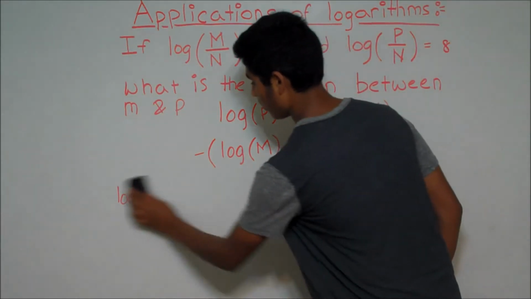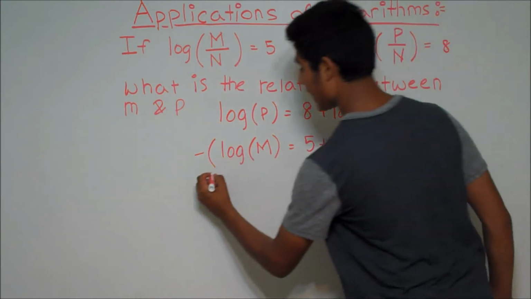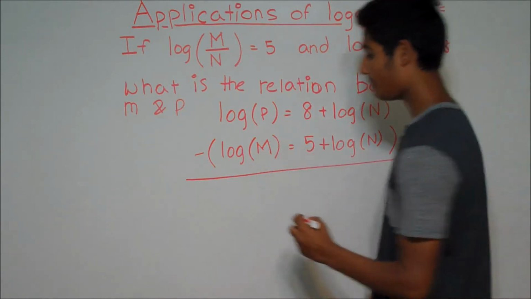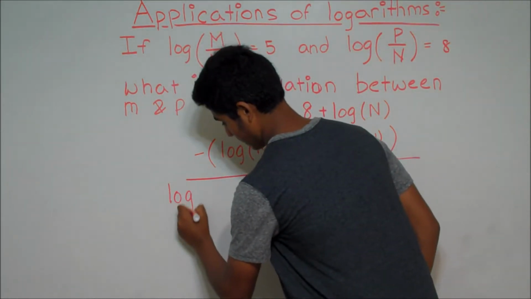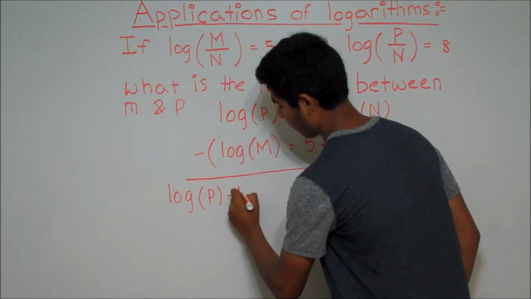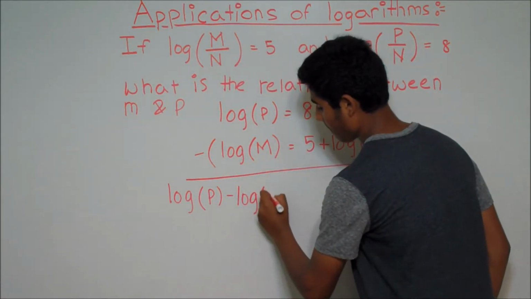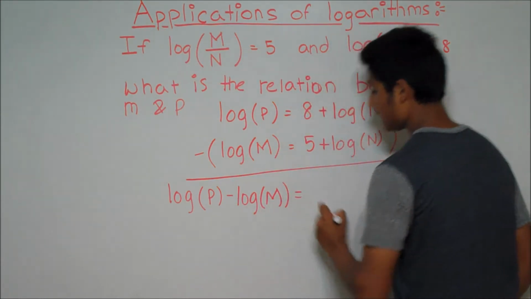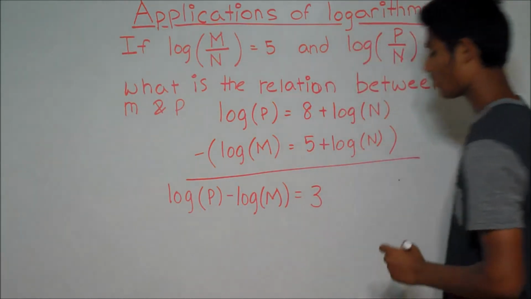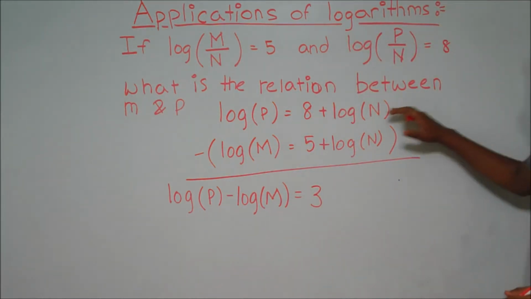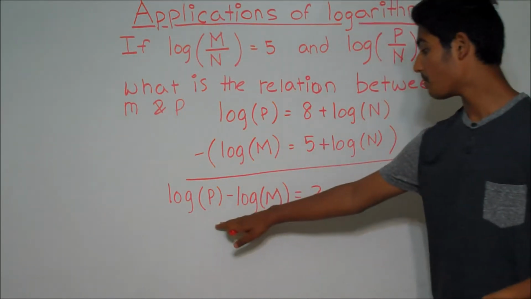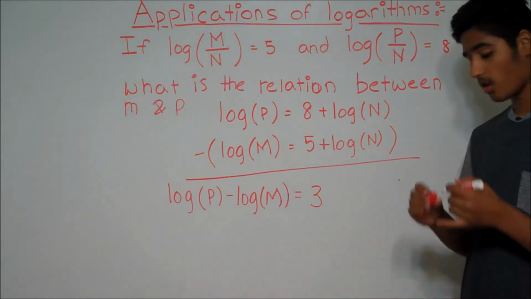On the left side we get log p minus log m is equal to 8 minus 5, which is 3, and log of n minus log of n cancels out. So we're left with log of p minus log of m is equal to 3.